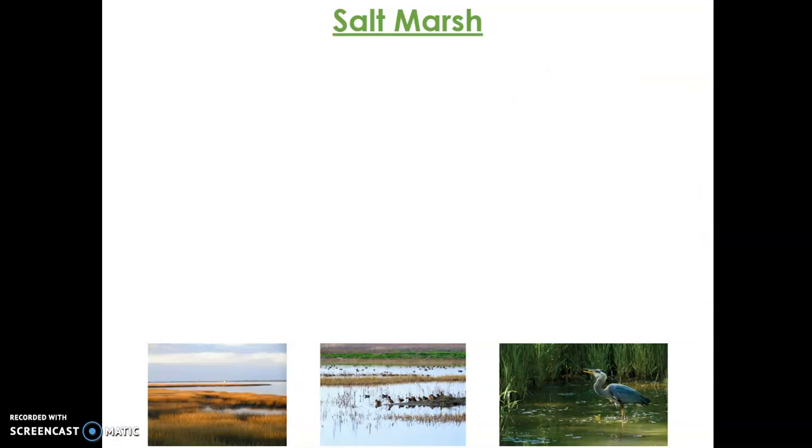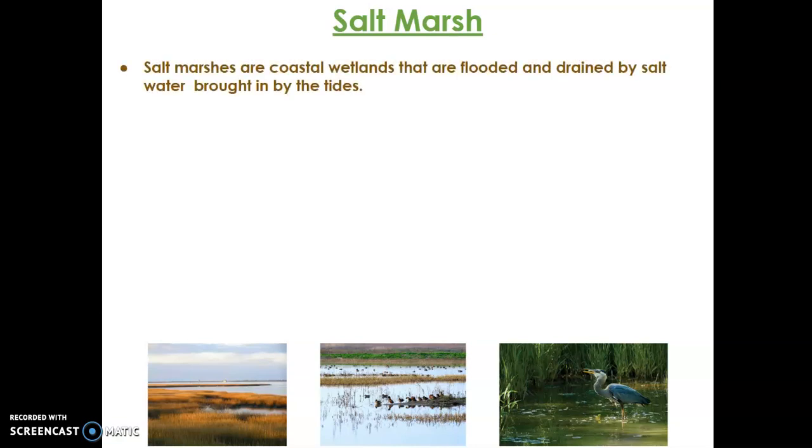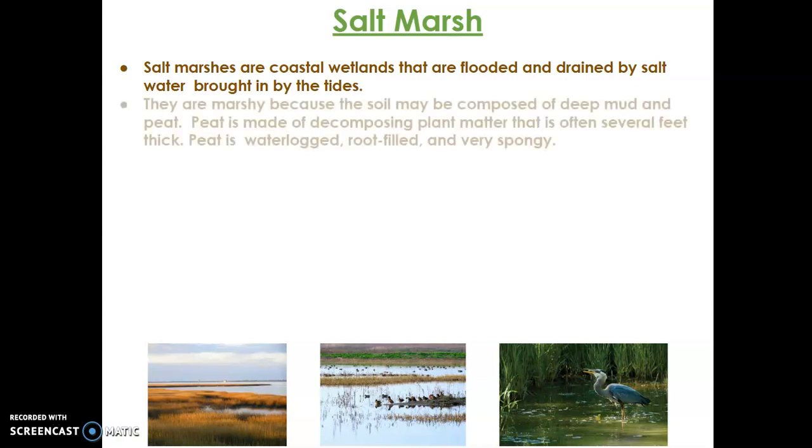All right, so saltwater marsh, this is where your notes begin. So these are coastal wetlands and they are flooded and drained by salt water that has been brought in by the tides.